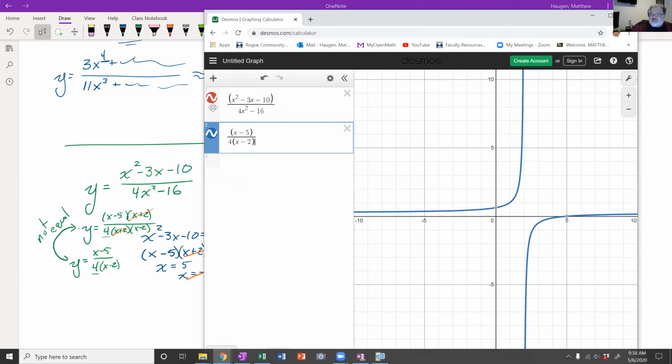Now, for those to be the same graph, they'd have to be the same value for every x. Is that the case?